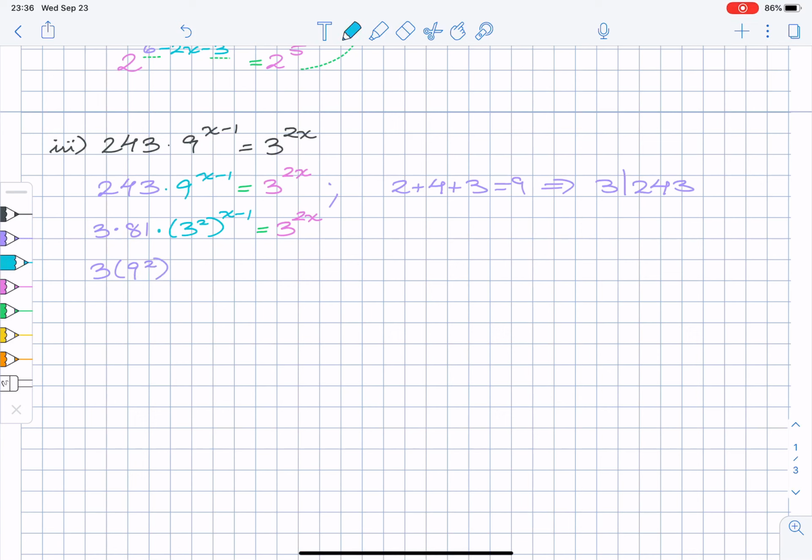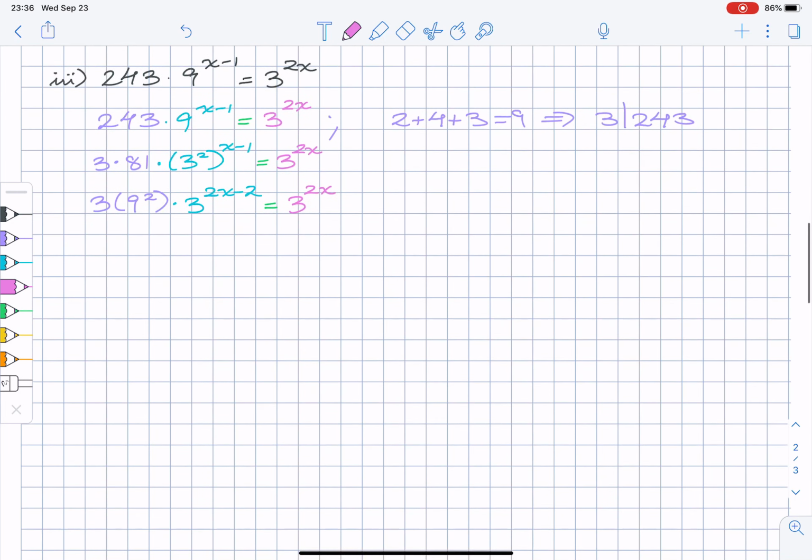And for the blue guy, this is now going to be 3 to the 2x minus 2. When I raise a power to a power, I multiply. So this is 3 to the 2x. Now what is 9? So this is 3 to the first times 9, which is really 3 squared, which I'm raising to the second power, times 3 to the 2x minus 2.